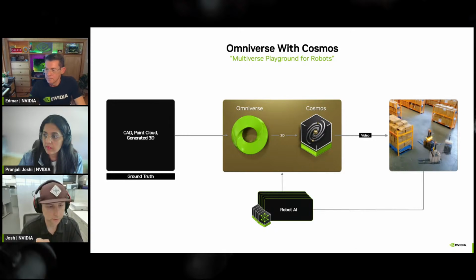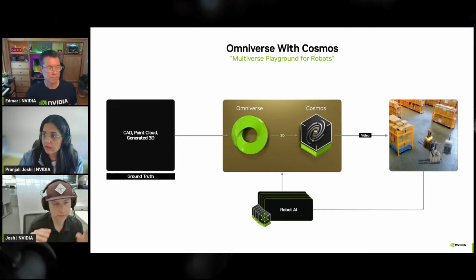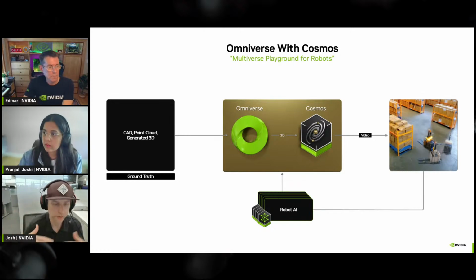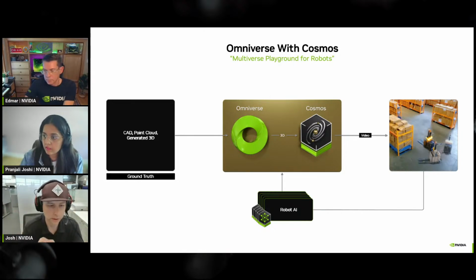Everything is there, provided as a ground truth source, and then again we're positioning Cosmos to do the video to video style transfer function. I know it says 3D there, but right now with the way we're integrating Cosmos, it's a video to video function. So you don't actually need to pass the 3D data to Cosmos per se. We're going to take renders out of Omniverse.